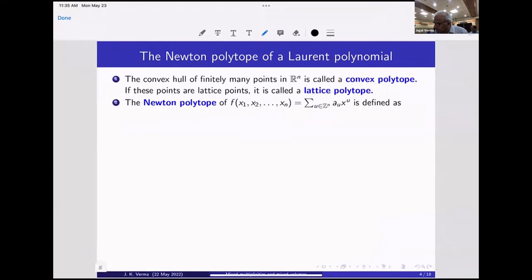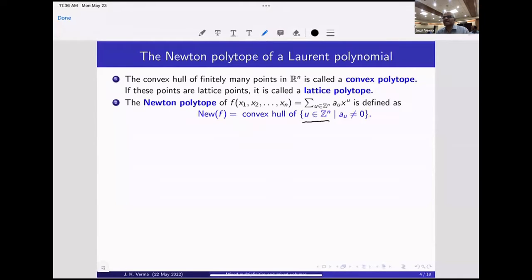So x to the u is x1 to the u1, x2 to the u2, etc. So take these monomials which are occurring in this multivariate Laurent polynomial and take the exponent vectors. So there are finitely many exponent vectors which are coming from these monomials, and take the convex hull of these finitely many lattice points. That is called the Newton polytope of this Laurent polynomial.